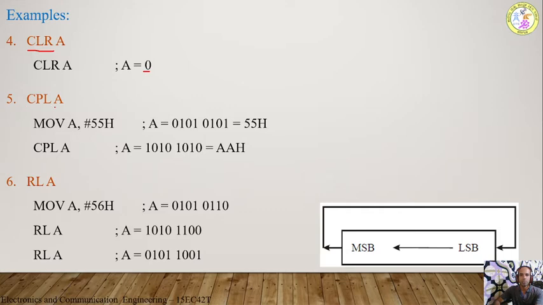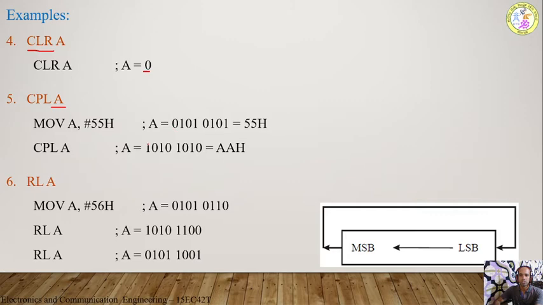And then we have complement A. Complementing means make 0 equal to 1 and 1 equal to 0. Just exchange 0 and 1. For example, MOV A, #55. What is 55? 0101 is 5 and again 0101 is 5. Complementing means wherever 0 is there, replace it with 1, and wherever 1 is there, replace it with 0.